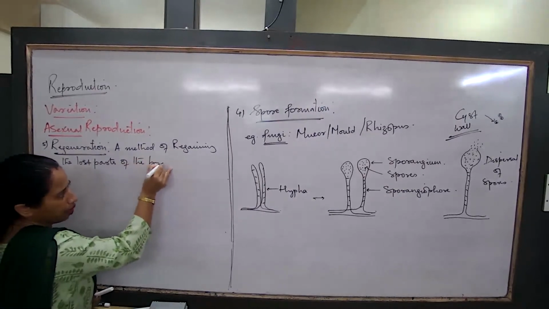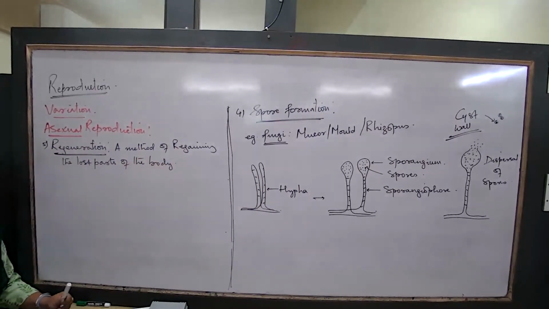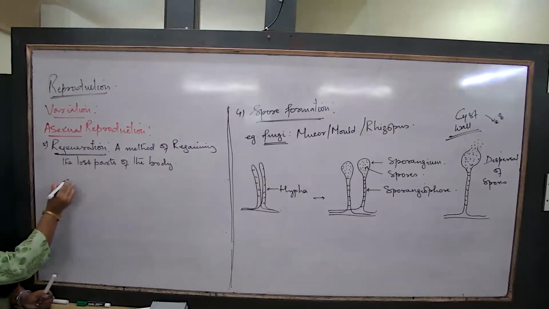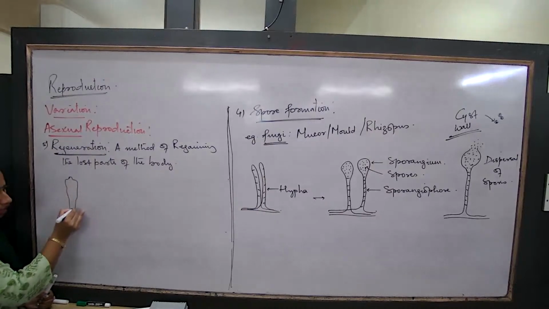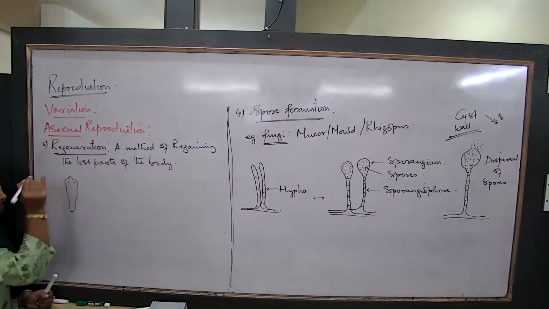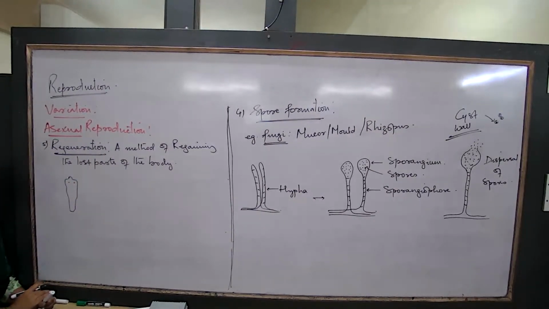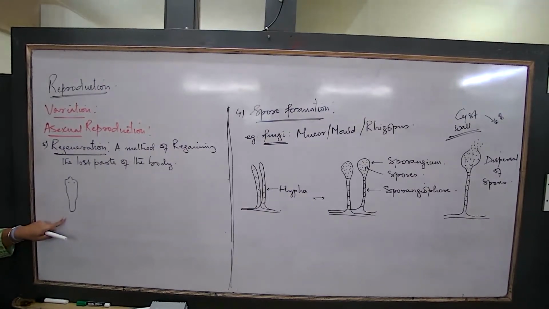Now, if I talk about any particular type of organism, say suppose I talk about the planaria. This planaria that I'm talking about is a flatworm.